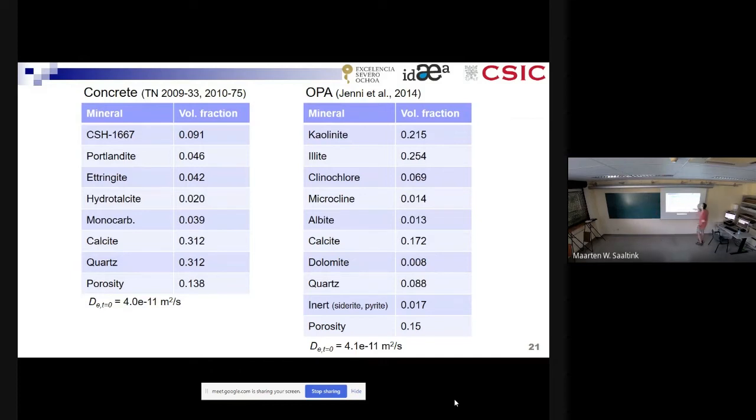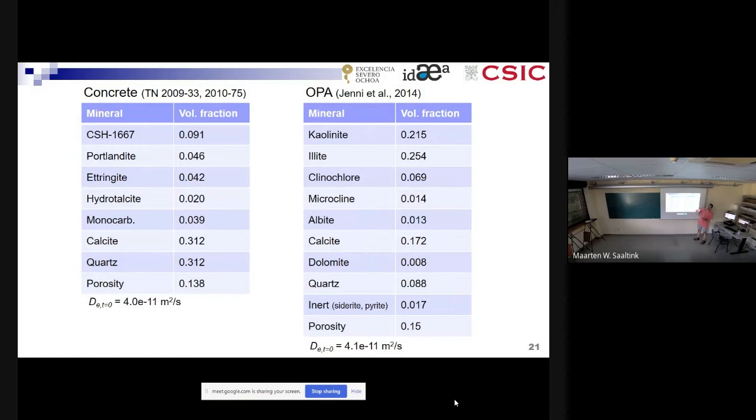The Opalinus Clay, again based on literature, basically we have mainly clays, kaolinite, zeolite, and a little fluorite, and then some smaller amounts of microcline, dolomite, quartz. And then there is a very small inert fraction, 2% in volume, which corresponds to small amounts of siderite and pyrite, so an iron carbonate and an iron sulfide, which are not explicitly taken into account.